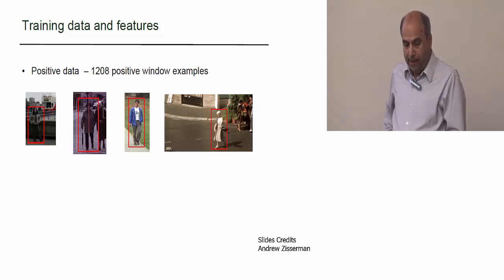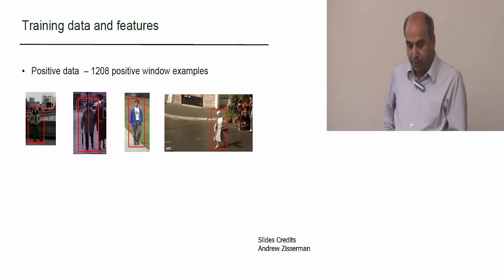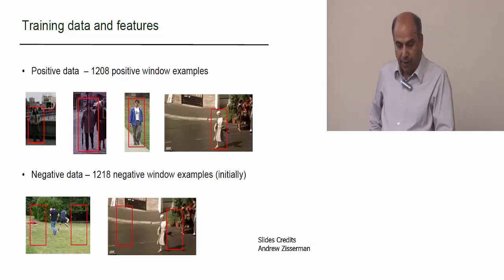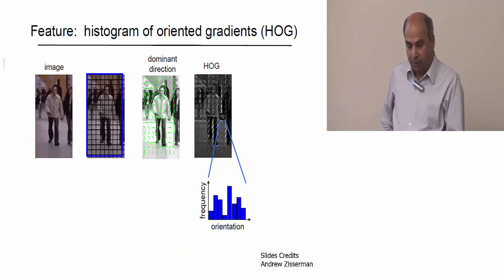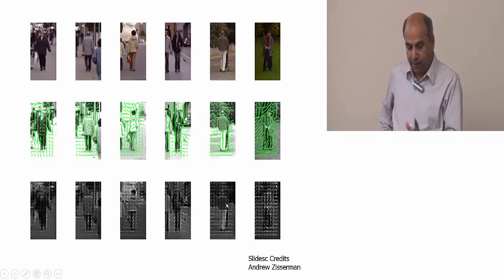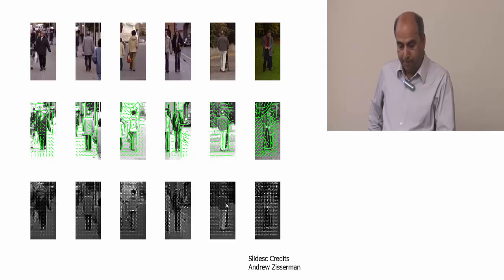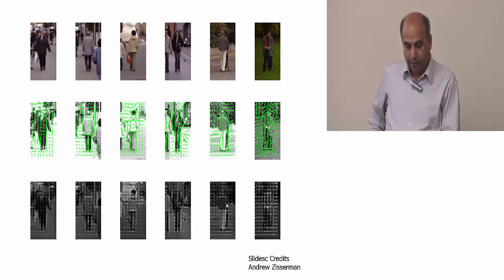In this dataset there are 1208 positive windows, and 1218 negative windows where there's no human. In the upper row there are humans, and you compute the HOG, which looks like that, and the vectors like this. And these are more examples. These are slides from Andrew Zisserman, Oxford.